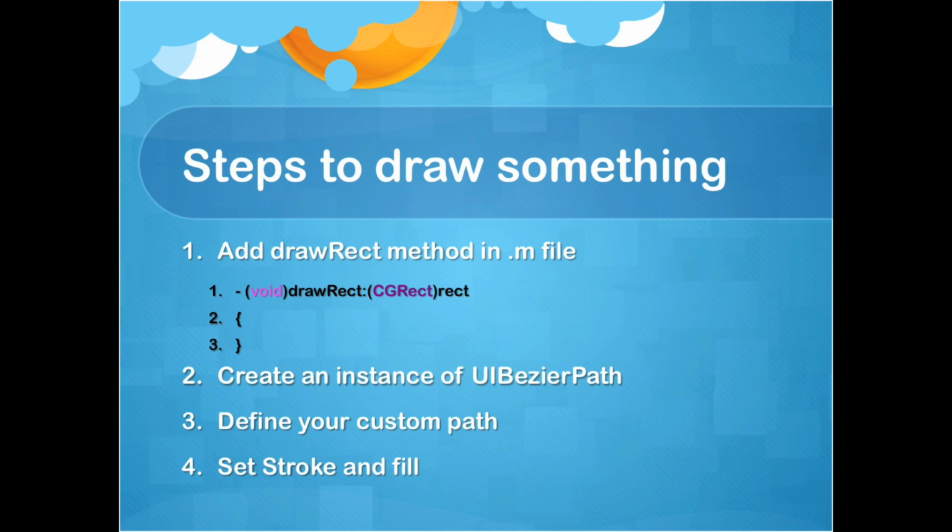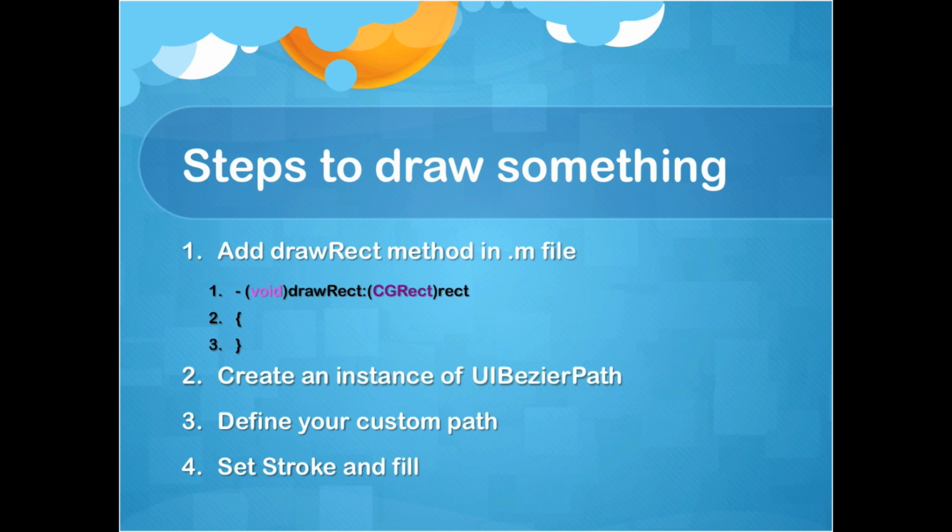And we have steps to draw something in the canvas. We will go back to this slide when we want to draw, but here is just an overview. We add the drawRect method in the .m file, and it will be called automatically. You don't have to call this method. It's completely illegal to call this method by ourselves.